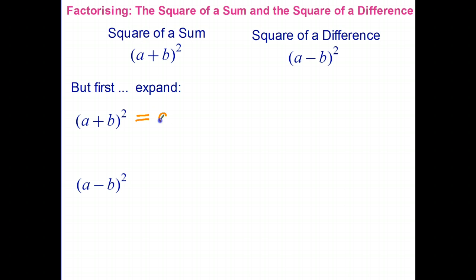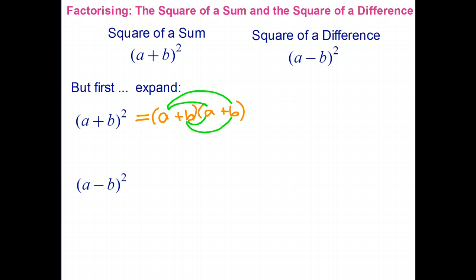So a plus b all squared. Squared of course means you're multiplying something times itself, so that's a plus b times a plus b. I can use the crab claw to expand it: a times a, a times b, b times a, b times b.